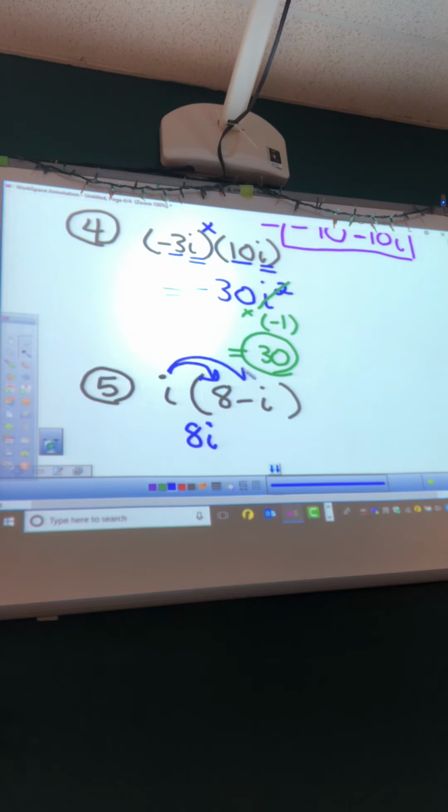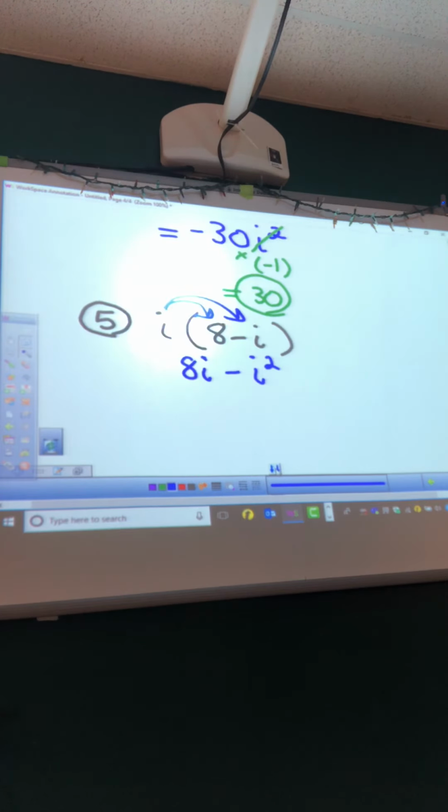Distribute an i times a negative i. Well, there's that i squared again. What does i squared mean? Very good. Negative 1. But I already have a negative. So negative, negative, double negative makes it be? Positive. Positive 1. And I have an 8i.